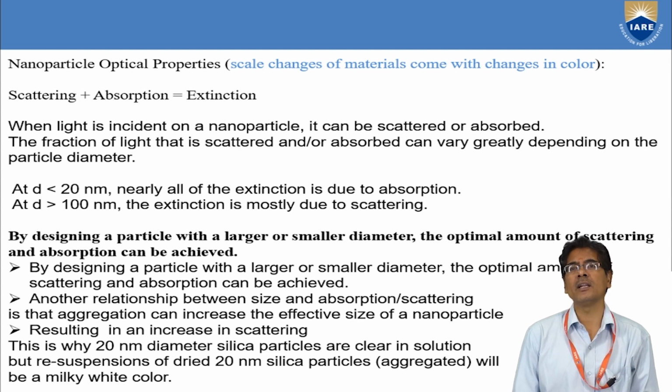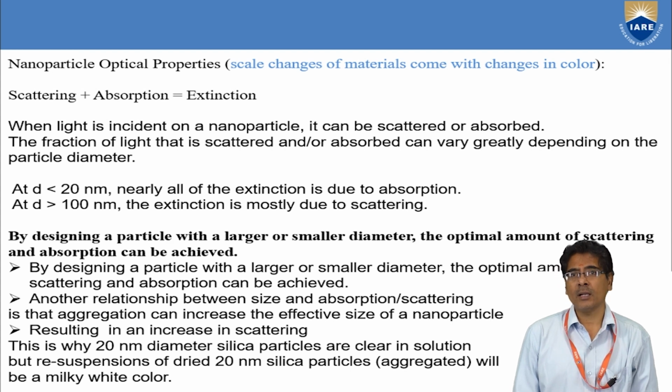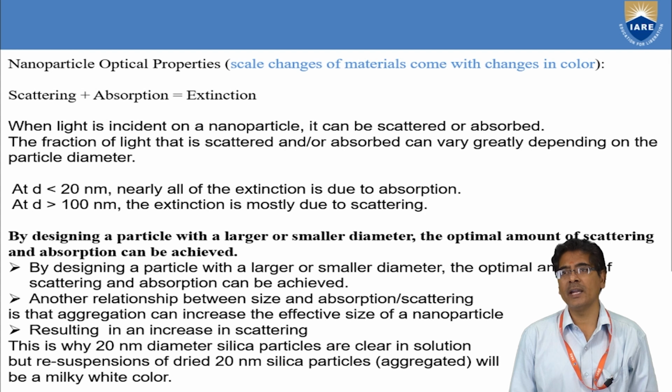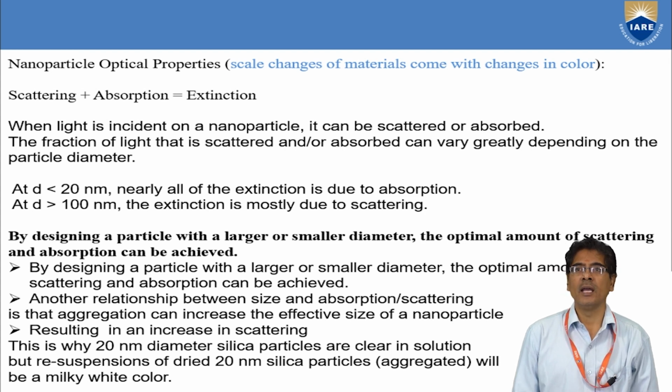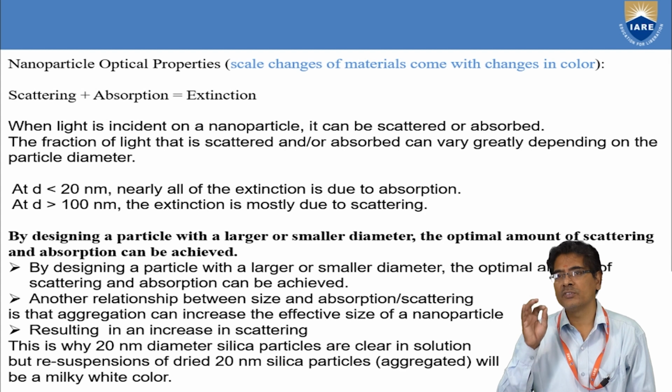When light is incident on a nanoparticle, it can be scattered or absorbed. The fraction of light that is scattered or absorbed can vary greatly depending upon the particle diameter. At diameter less than 20 nanometers, nearly all the extinction is due to absorption. At diameter greater than 100 nanometers, the extinction is mostly due to scattering.